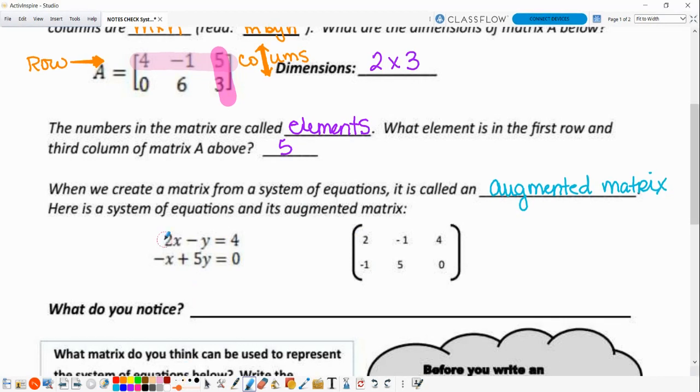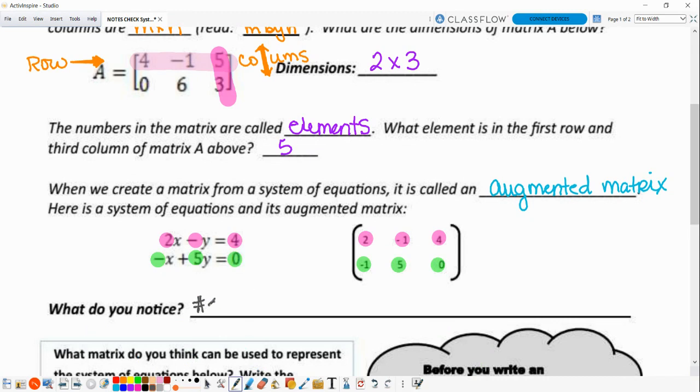Well, hopefully you're able to see these numbers. Ooh, what is that number right there? Remember we said that's an understood 1, and in this case a negative 1. So hopefully you're able to recognize that those are coming from the coefficients, and then these numbers back here we call the constants. So they're coming from the coefficients and constants. So what we're going to write down here, what do you notice?